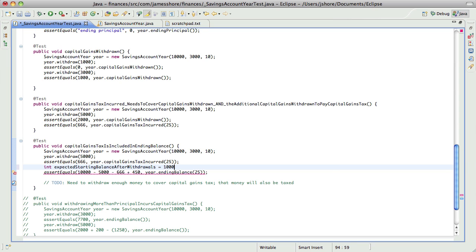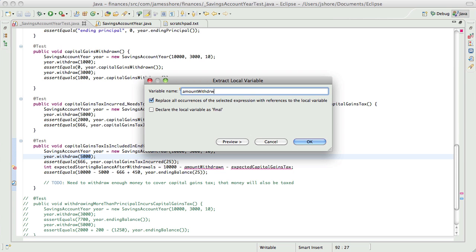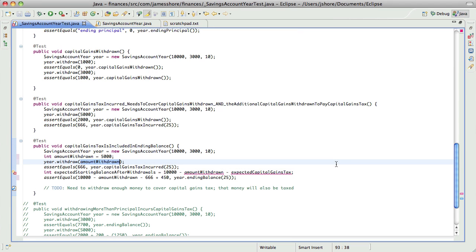So expected starting balance is going to be 1,000 minus amount withdrawn minus expected capital gains tax. The amount withdrawn is going to be here, and the expected capital gains tax is here.